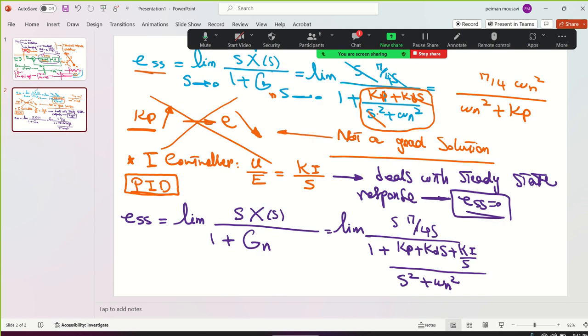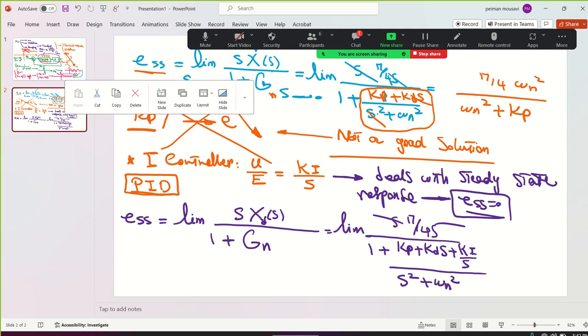So, can I go to the next page? This s with this s goes away, like previously. Is it a desirable input that you want to follow? So, can I go? Yes, everybody?